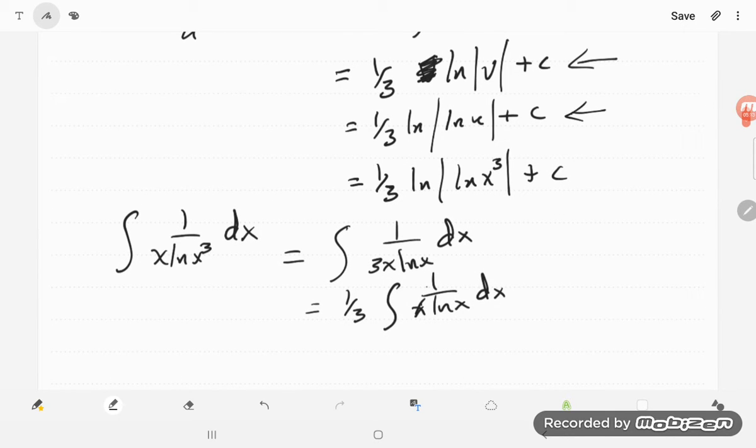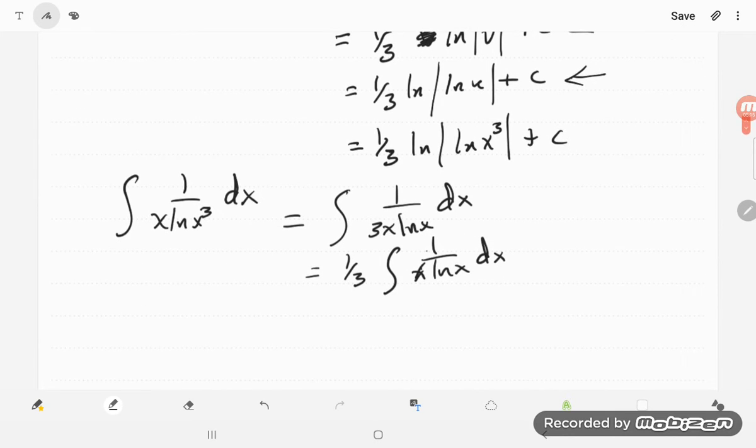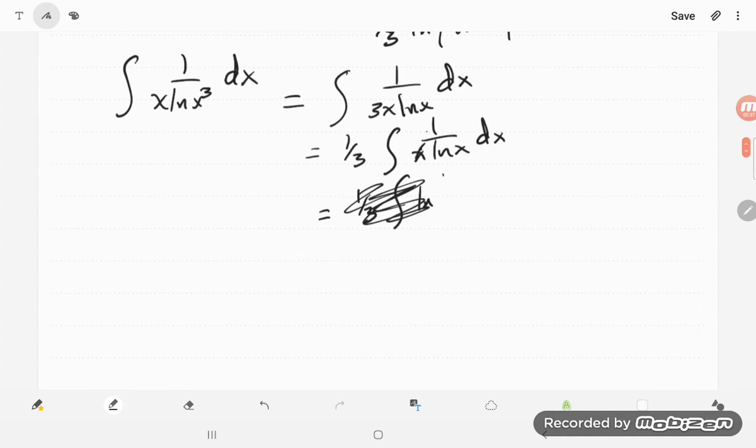With the substitution, maybe I should go back and do that substitution, because I'm just messing up with putting an integral sign in and so forth.